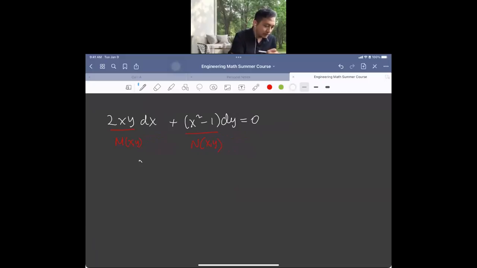If you want to check whether this is exact or not, then we check the partial y of 2xy.